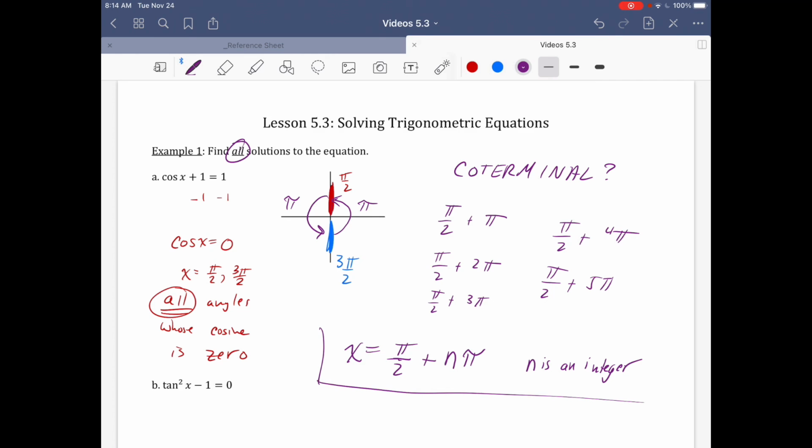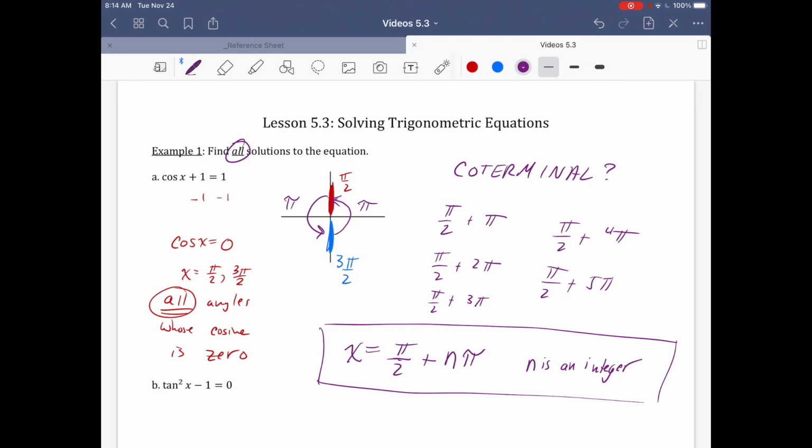Right? And so that is our full answer to all solutions. Pi over 2 plus n pi, where n is any integer, and that combination of things will get you all of the solutions to this equation.